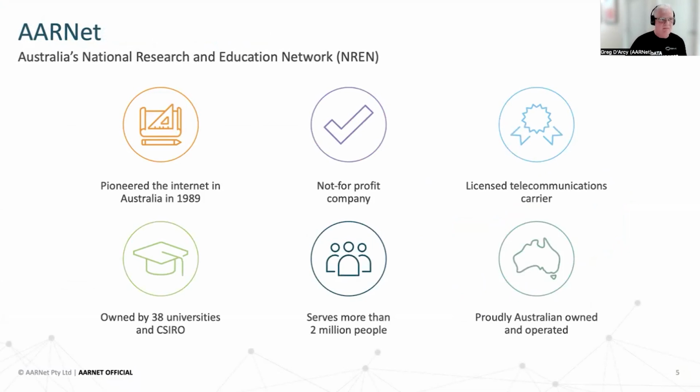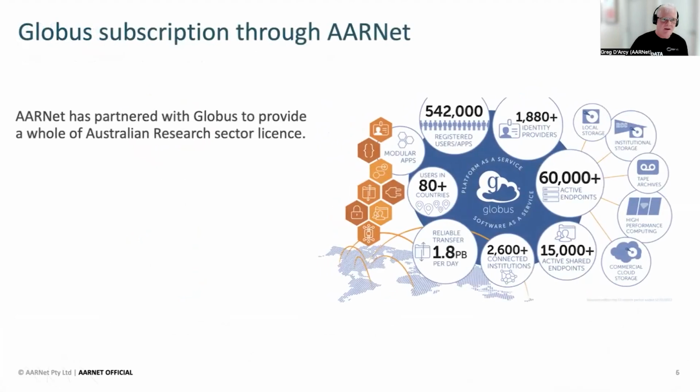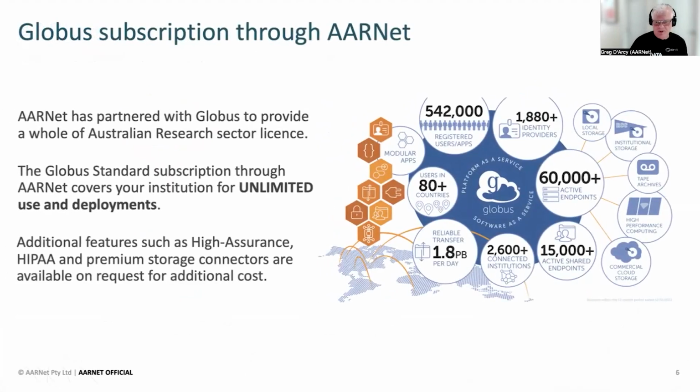A little bit about us. We're aarnet, and again, I assume people know who we are. We're Australia's NREN, so we're both non-profit companies. At aarnet, we run the network that connects the universities, and we're owned by all the universities and the CSIRO. So how do these things come together? Well, as aarnet, we want to see that all our stakeholders and owners are getting the best use of the network.